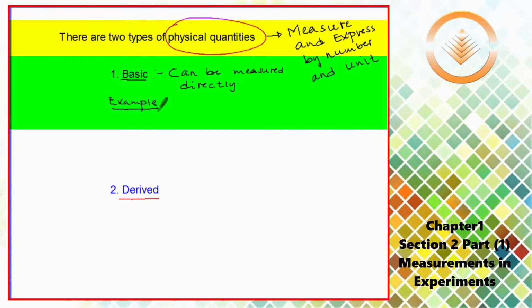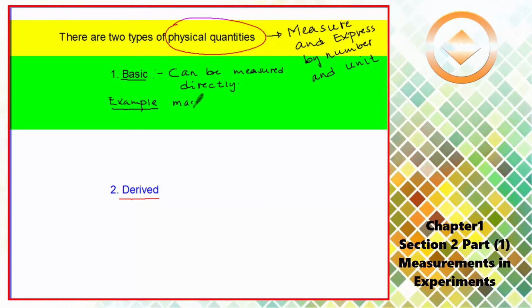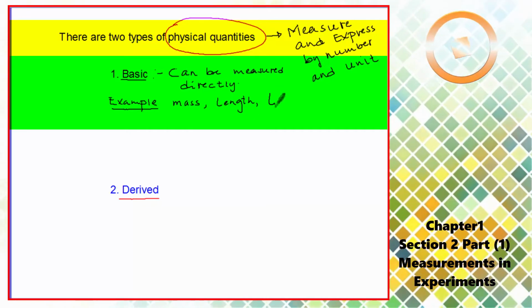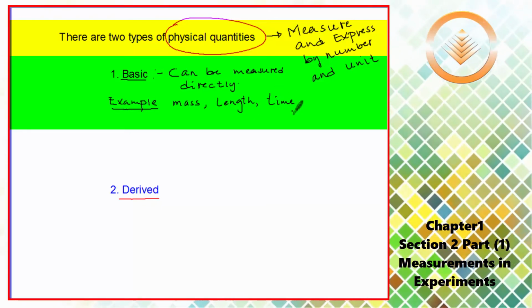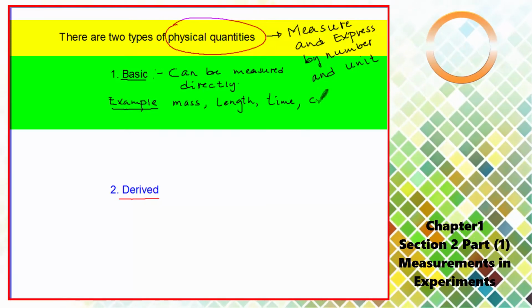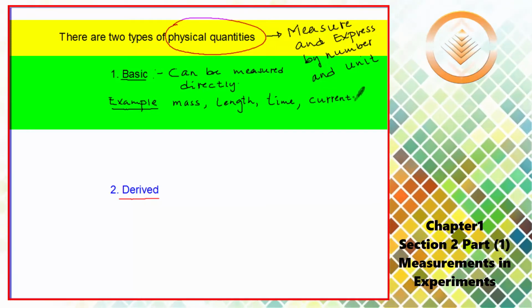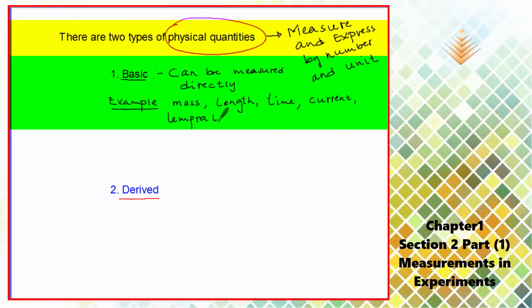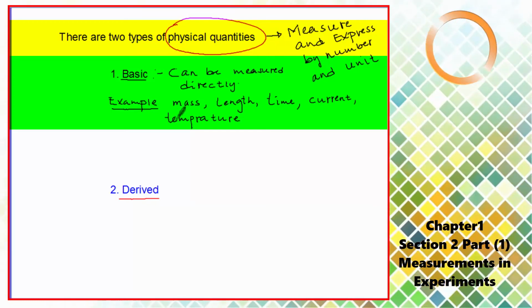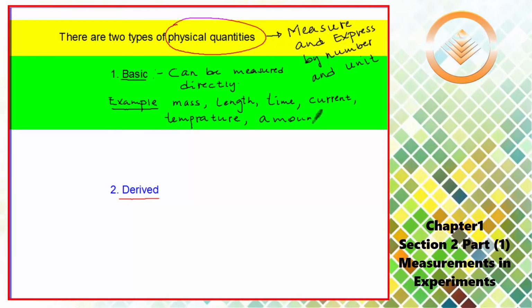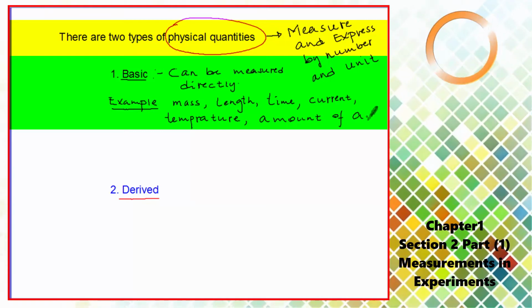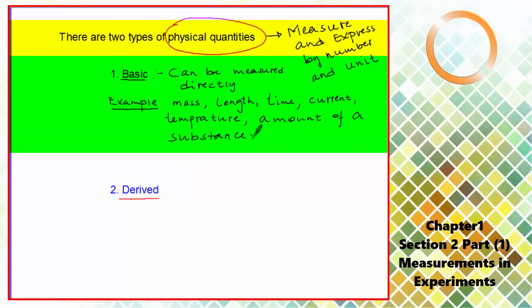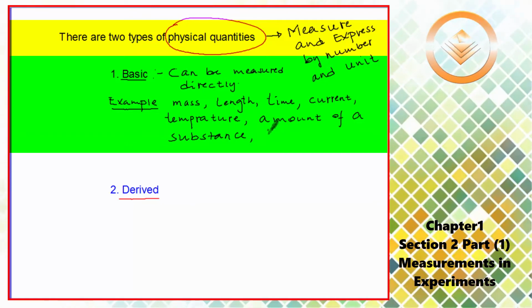The basic ones are mass, length, time, electric current, temperature, amount of a substance, and luminous intensity.